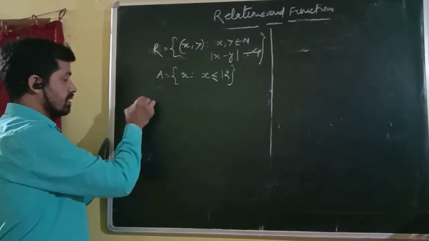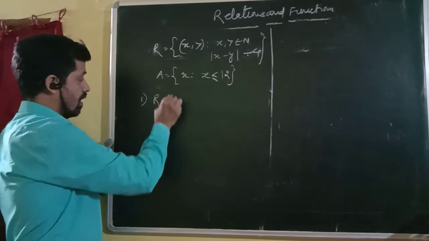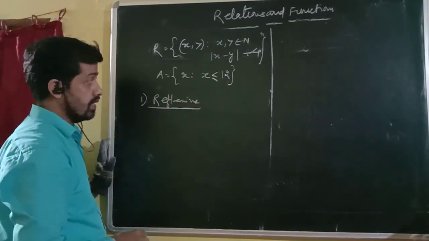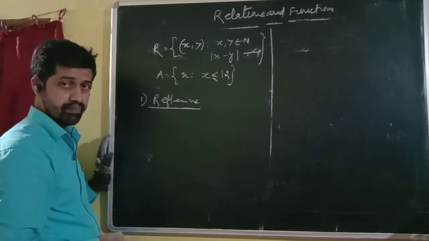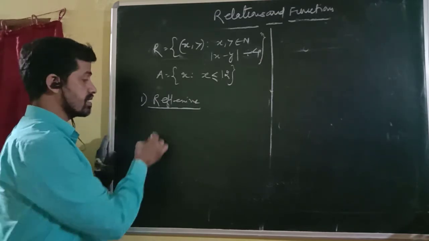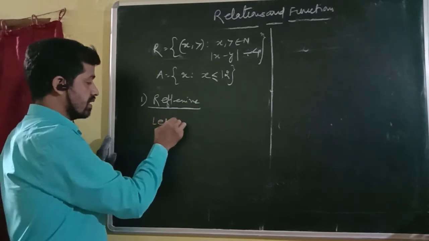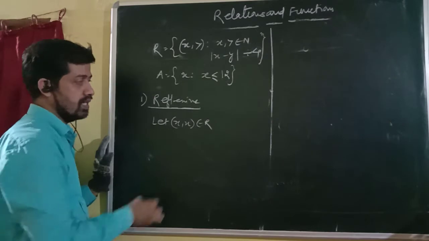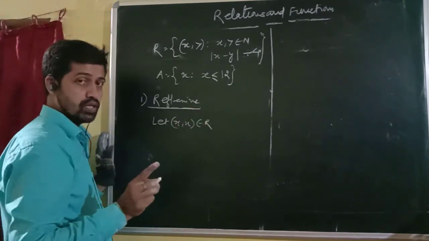So start with reflexivity. Reflexive relation. Now as we have previously discussed, again we are discussing. Let us say that (x, x) belongs to R, and x is already a natural number.